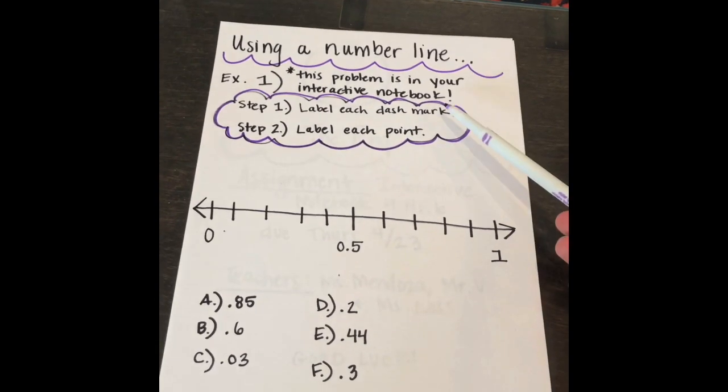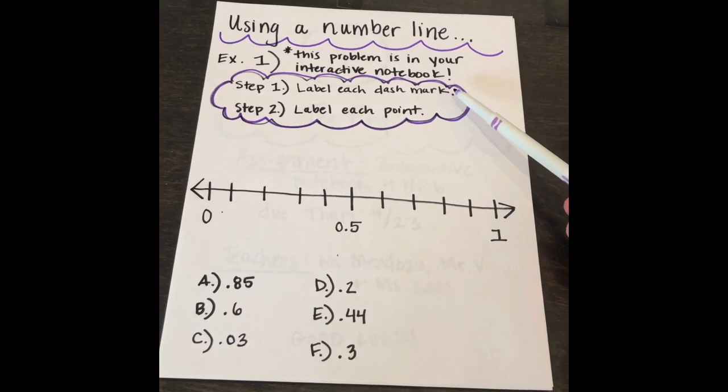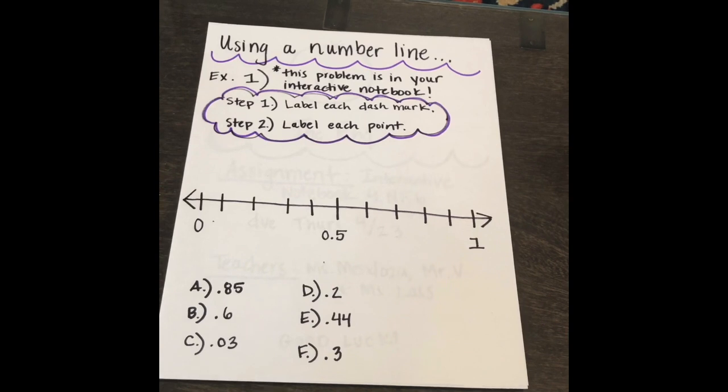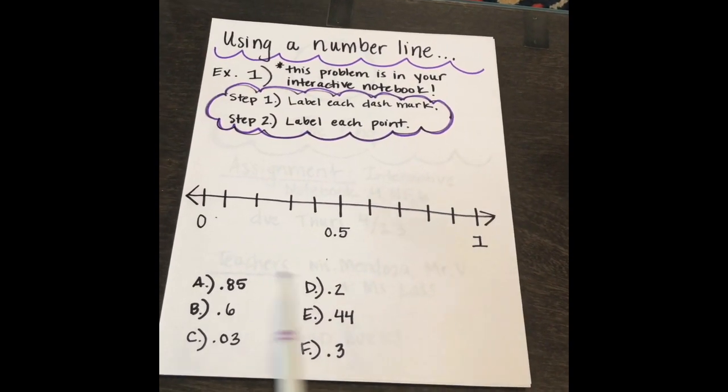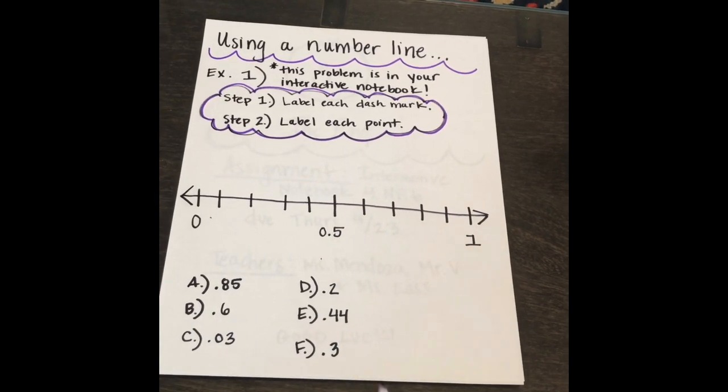The next thing that I would advise you to do is what I listed here as step 1. Label each dash mark. This is going to help you tremendously to place these decimals down here.